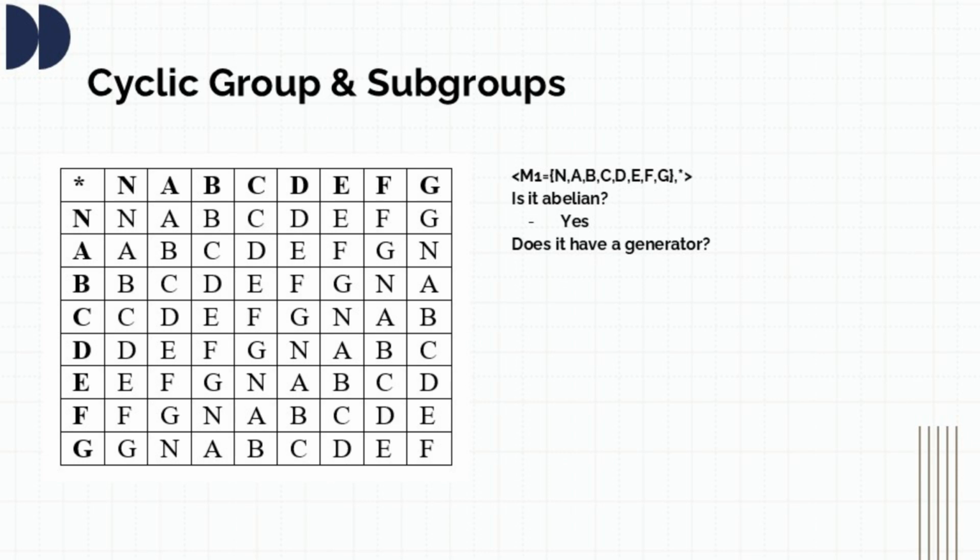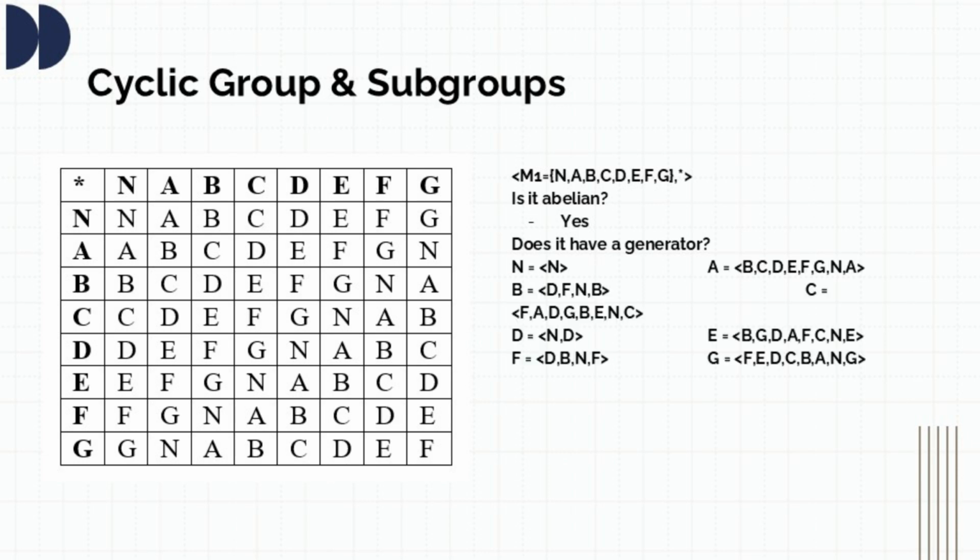The generators in this subgroup are A, C, E, and G. Therefore, it has a generator. Now, we can conclude that this subgroup is a cyclic subgroup because it satisfies all the given conditions.